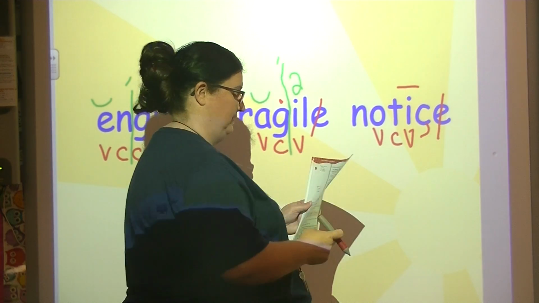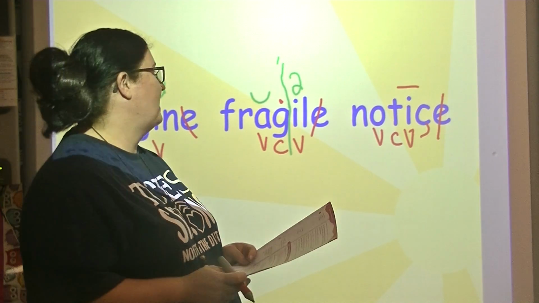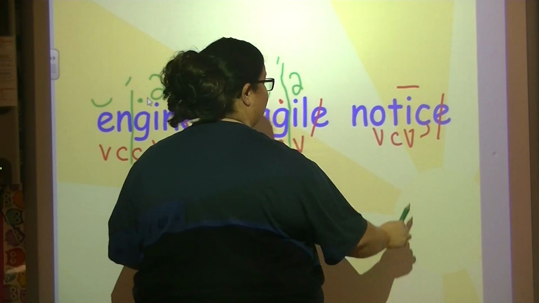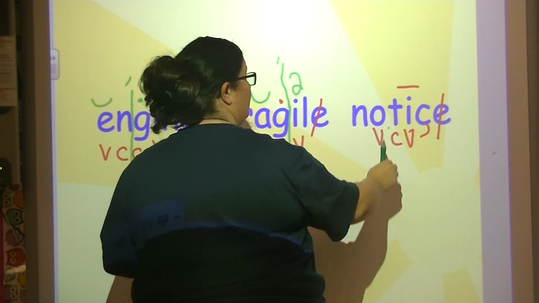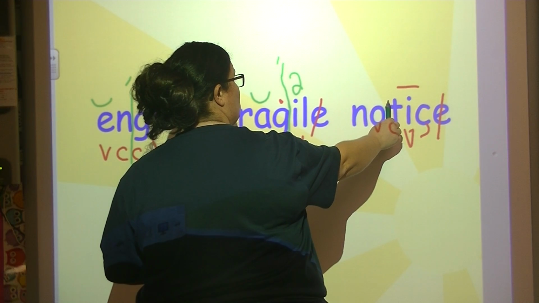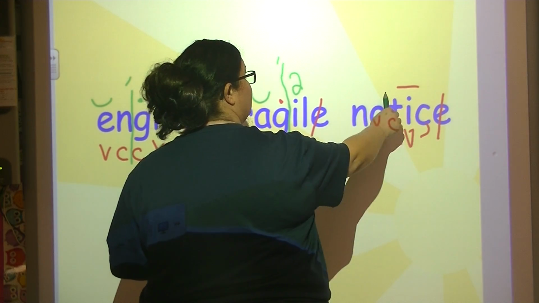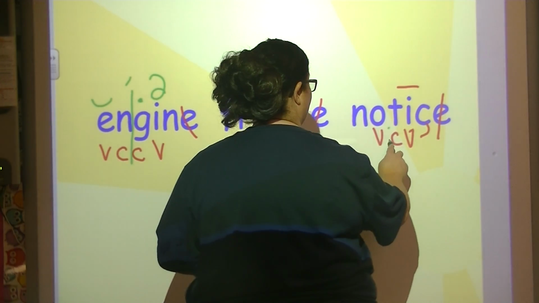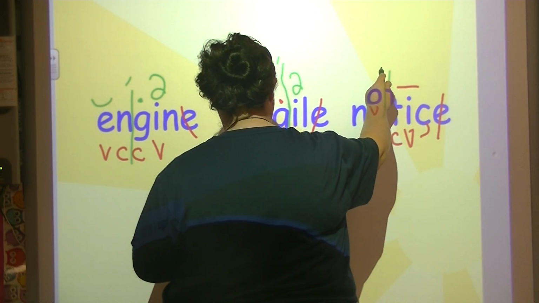That's right. We got a vowel, consonant, vowel. And if we divide here, that O is going to say the long sound. Notice? Yeah, we want it to say the long sound, so we do want to divide there.